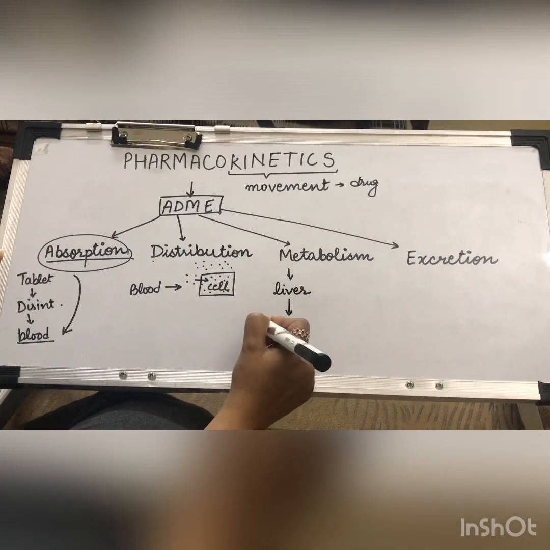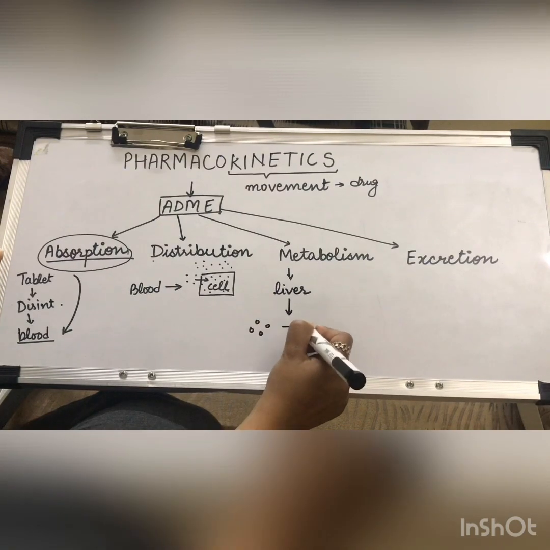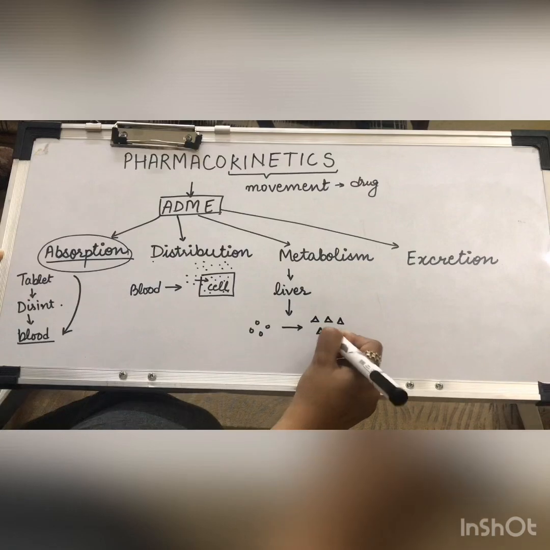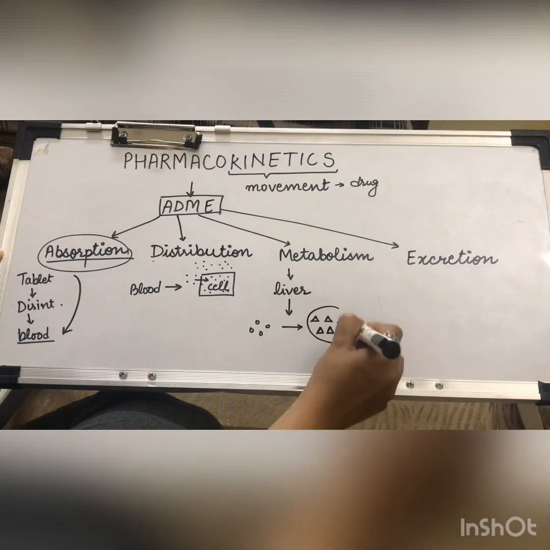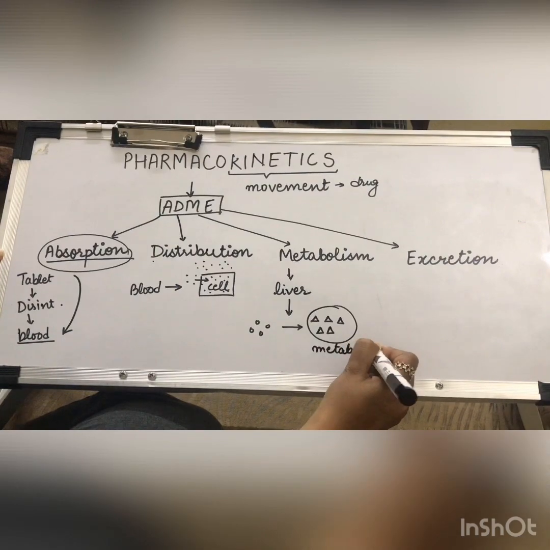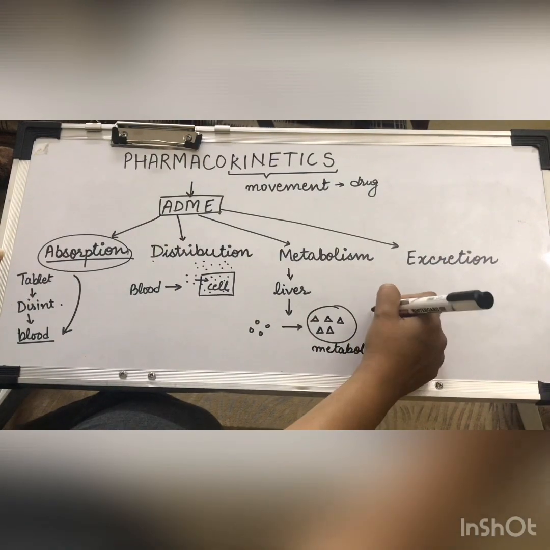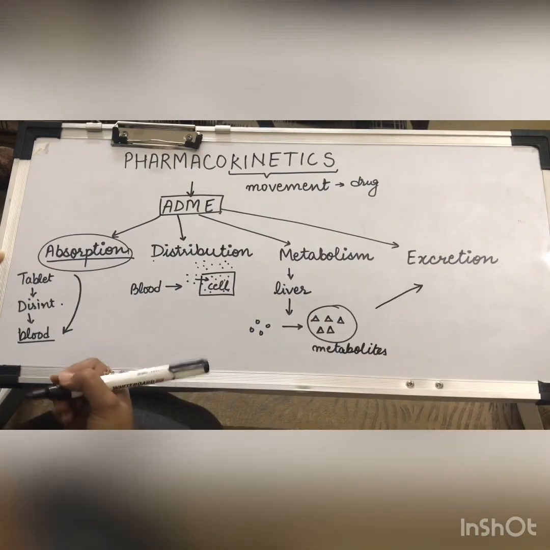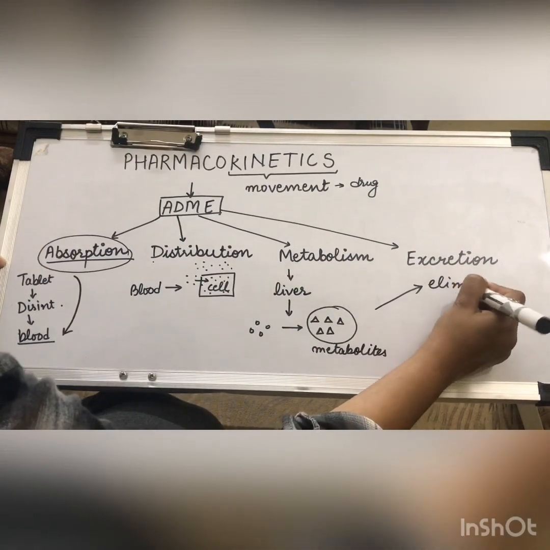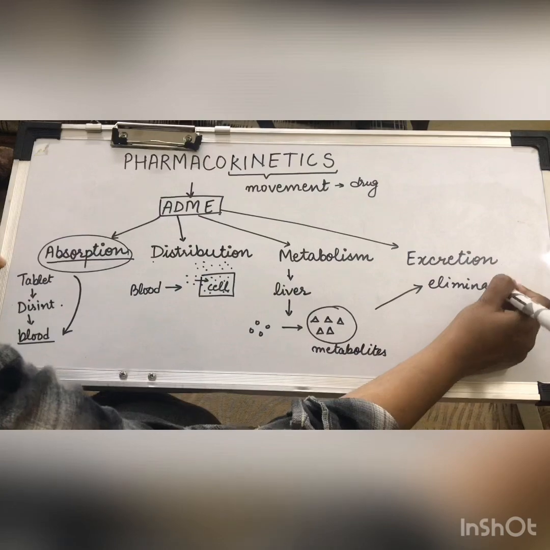Here it is going to be broken down into its metabolites. And once broken down into the metabolites, these metabolites help in the excretion of the drug. That is, the drug is eliminated from the body.